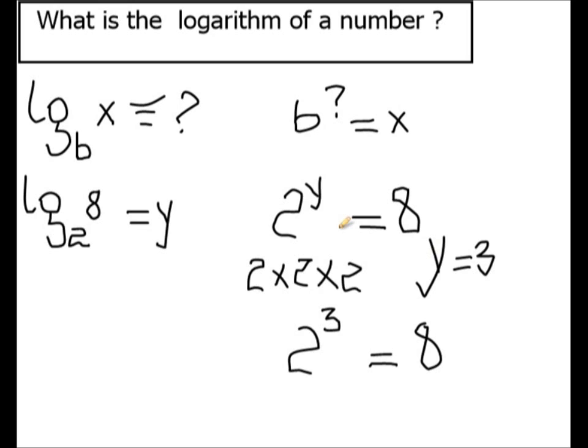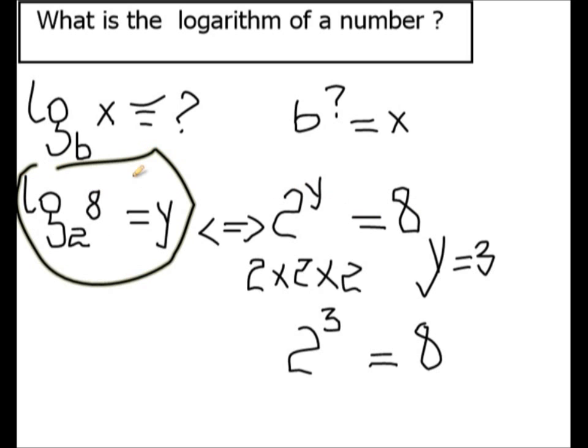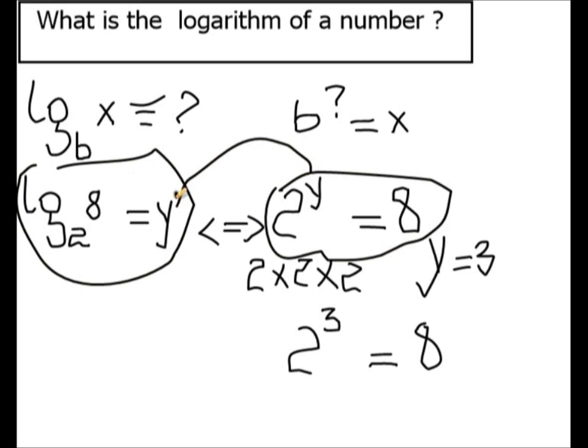Those two forms are identical. If I say log base 2 of 8 equals y, it is the same as saying 2 to the power of y equals 8. That's the same question.